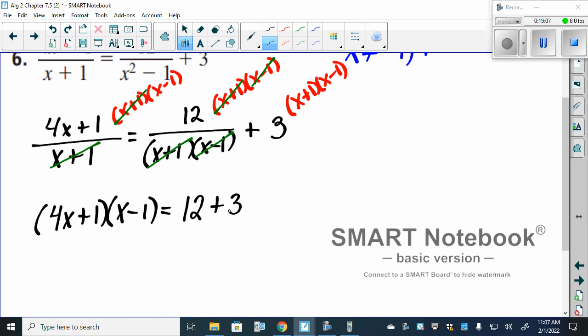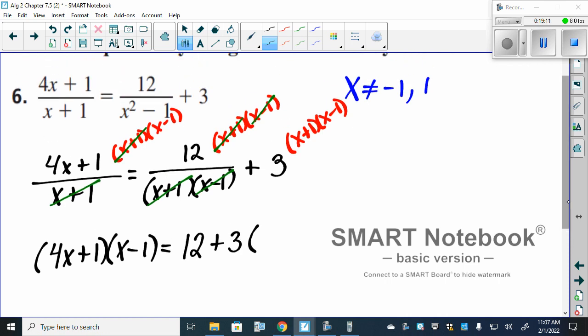Plus 3 times, well, what do we have? x plus 1 and x minus 1, yes? Where did I get the x plus 1 and x minus 1? The denominator in the middle, yes, the x squared minus 1. So what is x plus 1 times x minus 1? x squared minus 1.